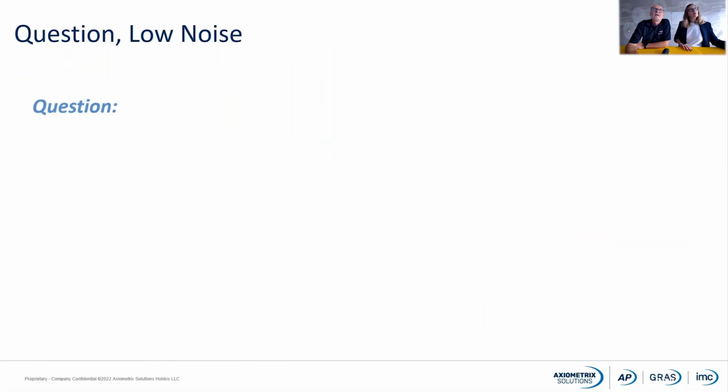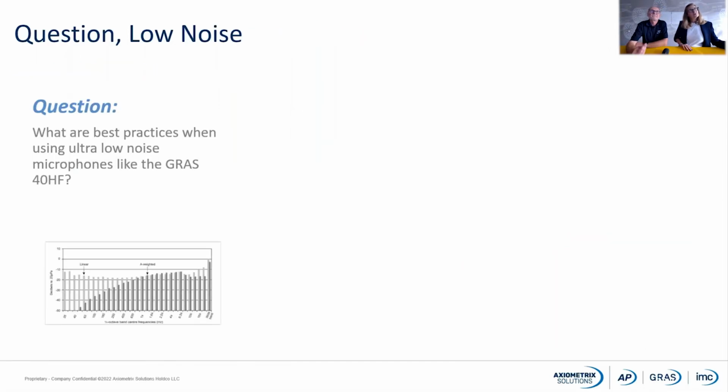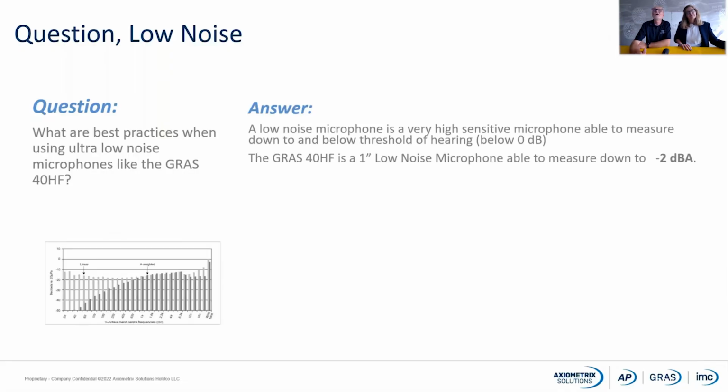The next question is, what are the best practices when using ultra low noise microphones like the GRAS 40HF? Yeah. First of all, a low noise microphone is a microphone with a very high sensitivity.